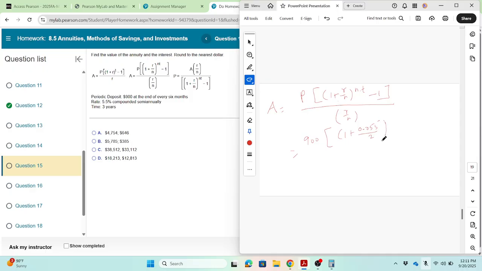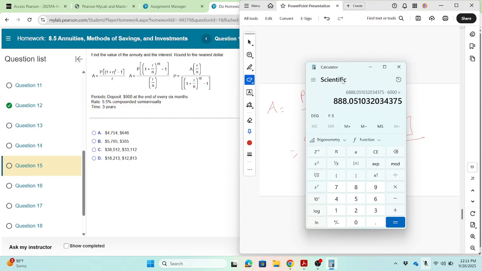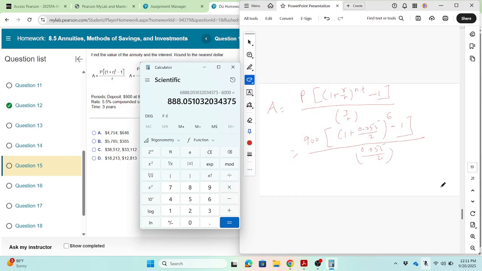So n is 2. n times t: t is 3 years and n is 2, so 2 times 3 is 6, minus 1, divided by 0.055 divided by 2. So this is the calculation we do. For this calculation, you have to use a calculator. The way I do it is I compute the thing inside the parenthesis and take the exponent 6, subtract 1, then multiply that number by 900 and divide that number by this. So let me just do that.